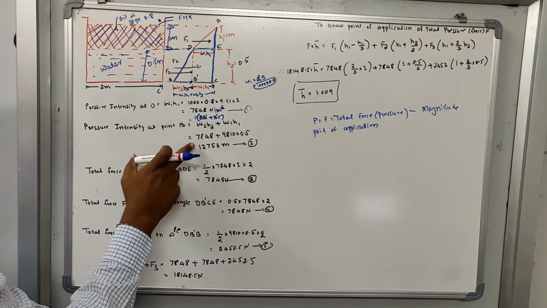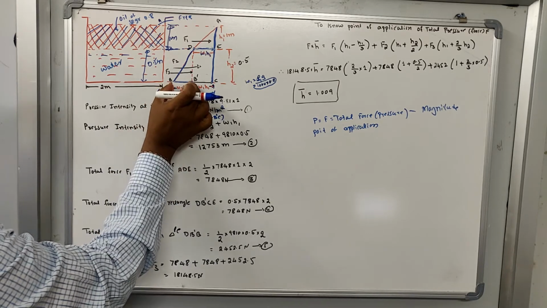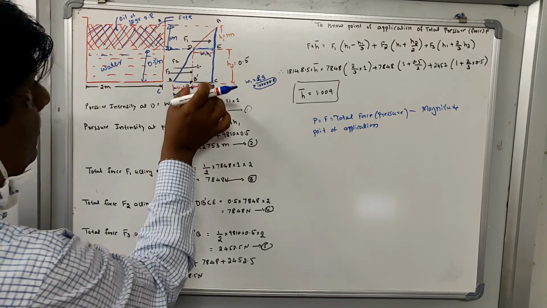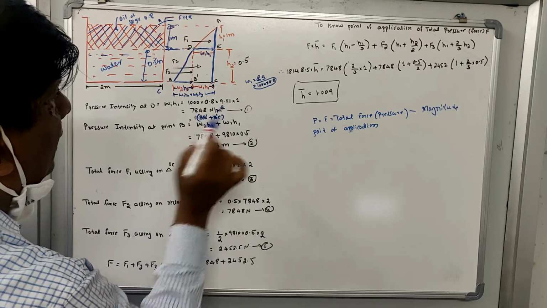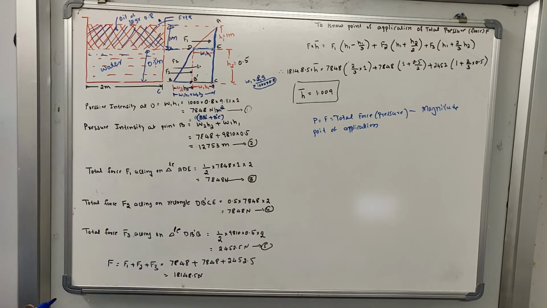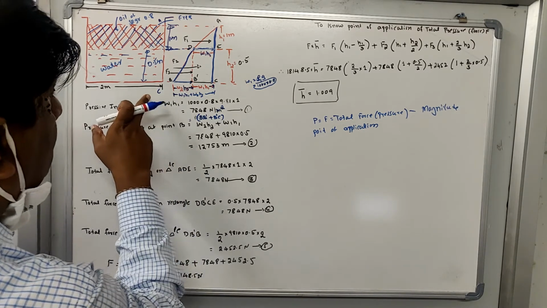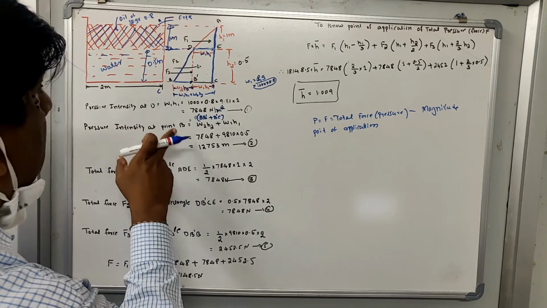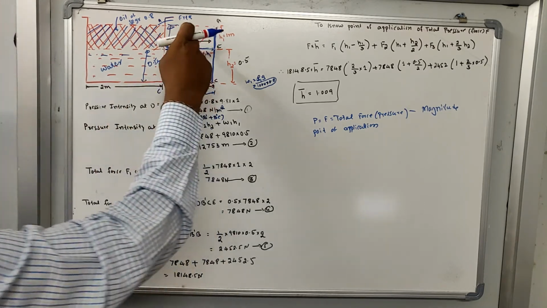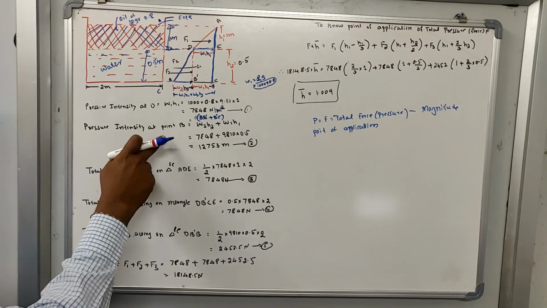B dash is W2H2 and B dash C is W1H1. Okay, W1H1. So W2H2, that is the pressure intensity at point P.